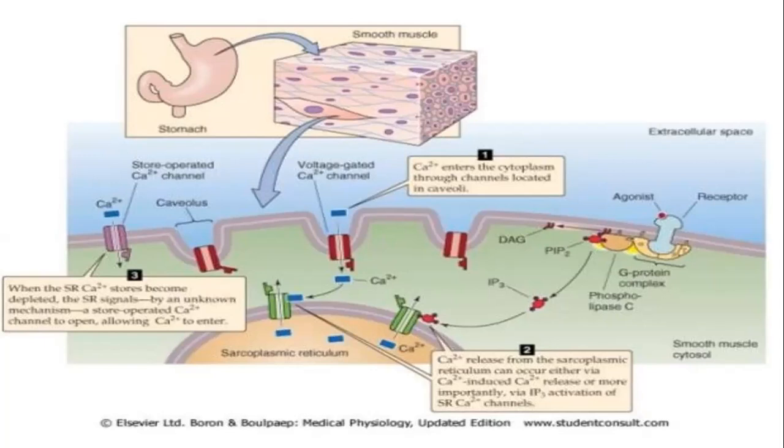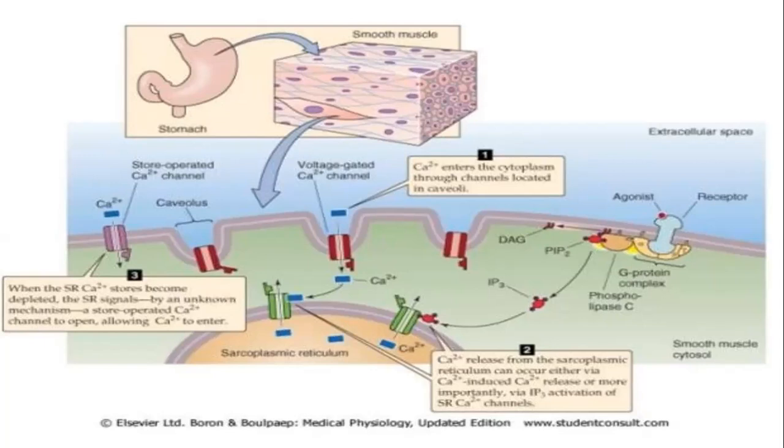But dephosphorylation may not lead to relaxation because various mechanisms are involved. One is the latch bridge mechanism, by which myosin cross bridge remain attached to the actin for some time after the cytoplasmic calcium concentration falls.